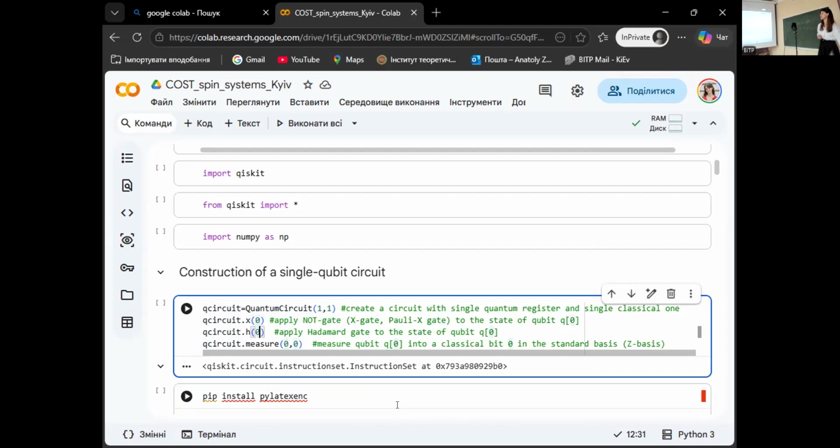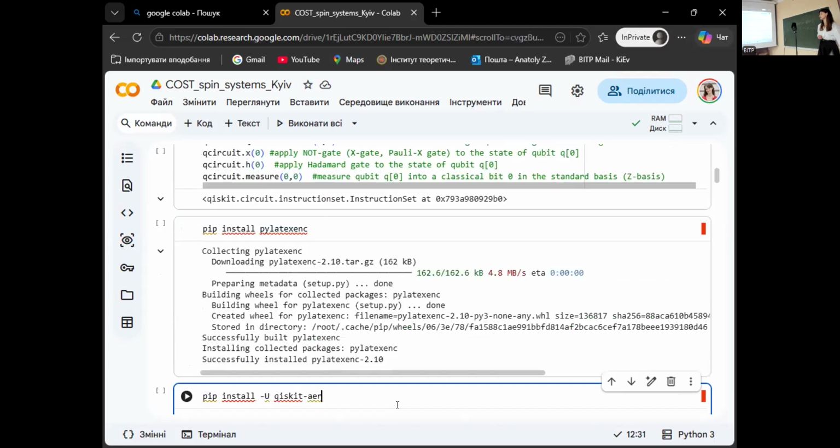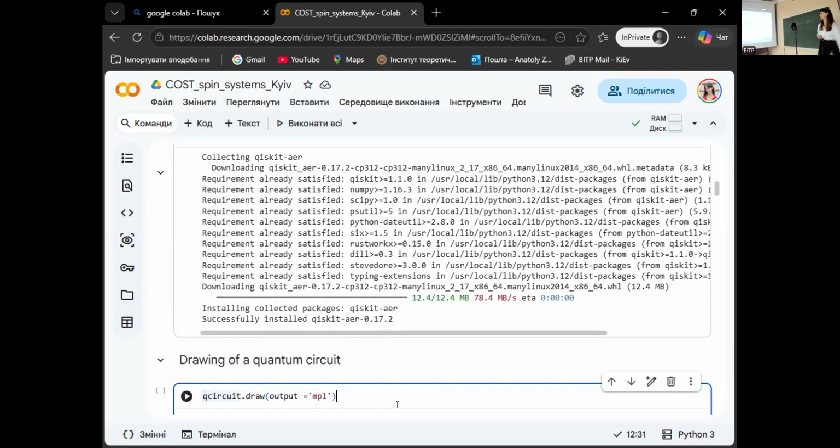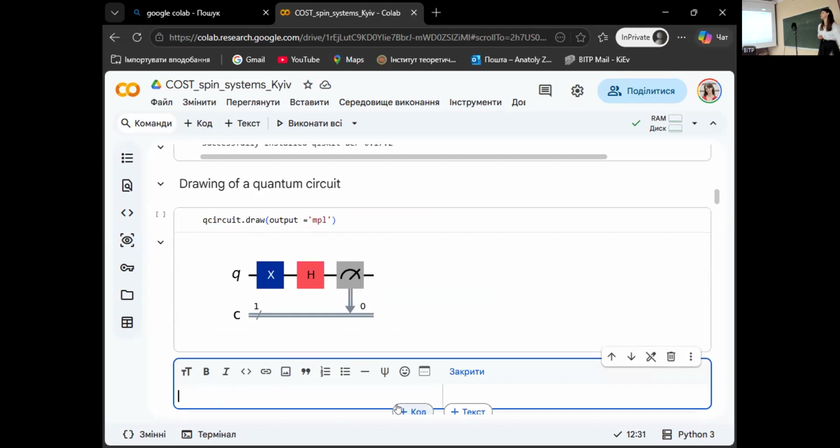Then we act with the H gate. H is the Hadamard gate, on qubit 0. And we measure qubit 0 and write the information from the measurement on classical bit 0. Then we can present this quantum protocol. So we act with the X gate, the NOT gate, the Hadamard gate, and we measure.